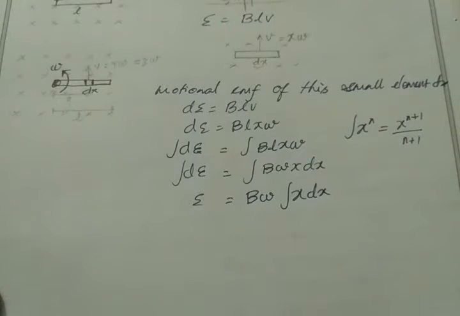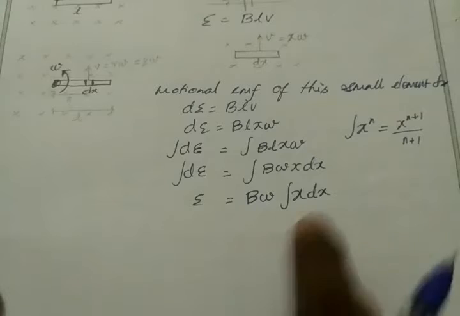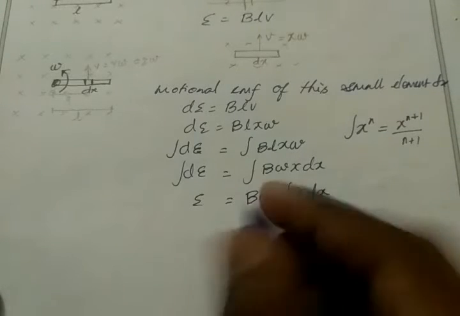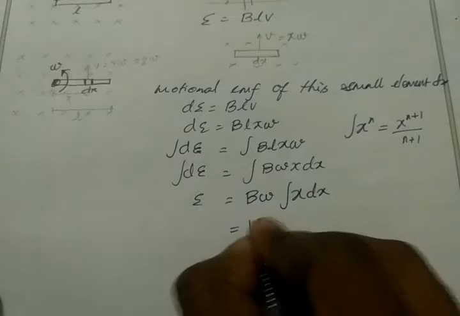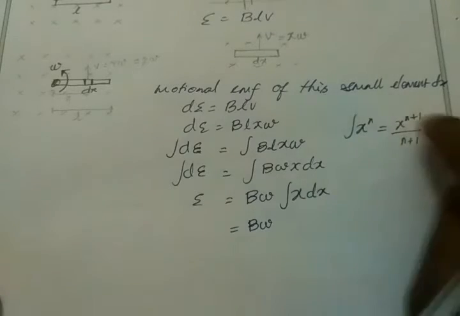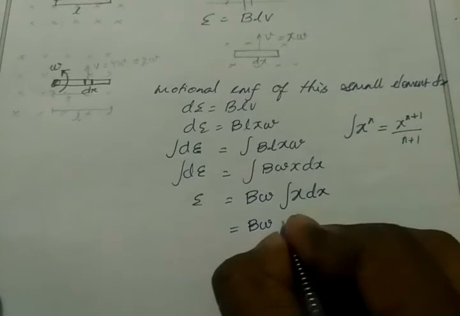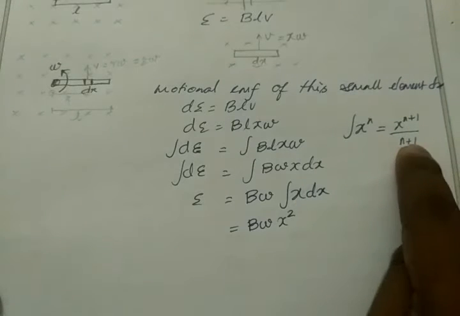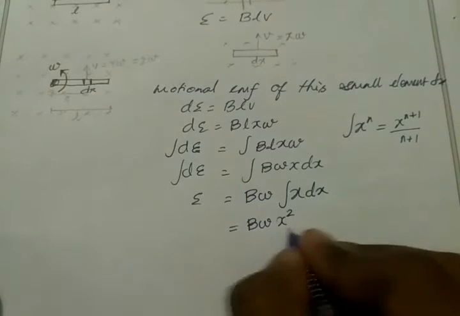This is the general form of integration. Similarly, do the same integration here. Here x power 1 is there. So we can write it as B omega, and 1 plus 1 means x square, right? Then divided by n plus 1, which is 1 plus 1, which means 2.